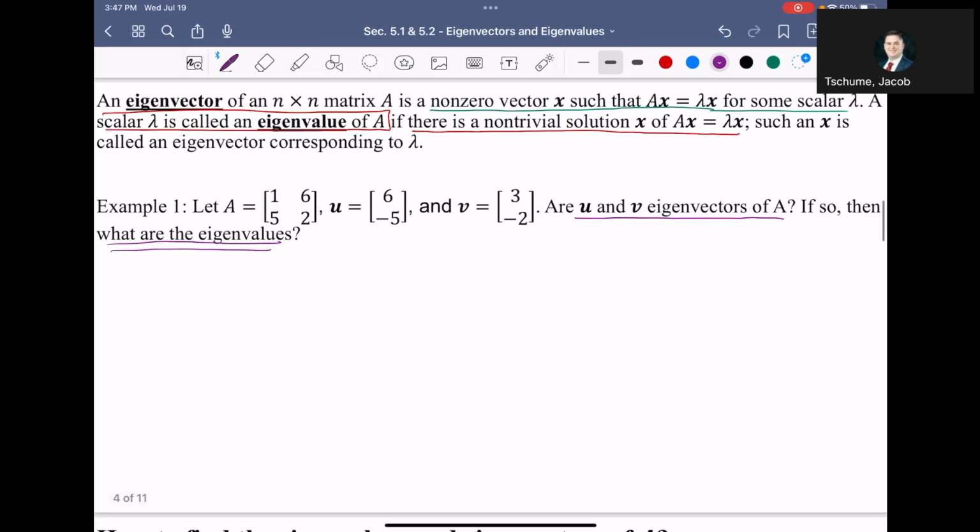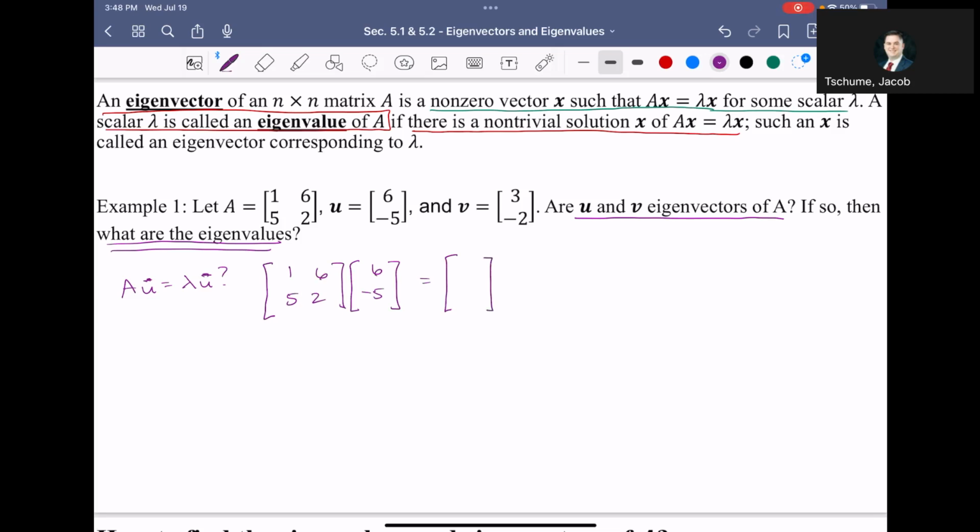What you want to do is you want to begin, and you're trying to answer the question, if you multiply A times u, does this equal a scalar multiple of the original vector u? So what I'm going to do is I'm going to take my matrix A, and I'm going to multiply it by vector u. And so I'm going to use the row column rule to do this. A 2x2 matrix multiplied by a 2x1 should give you a 2x1 vector.